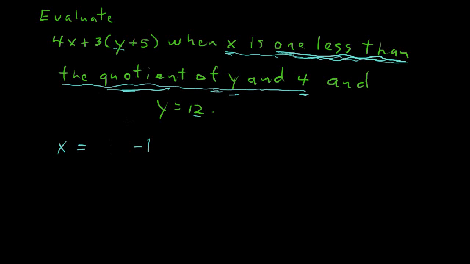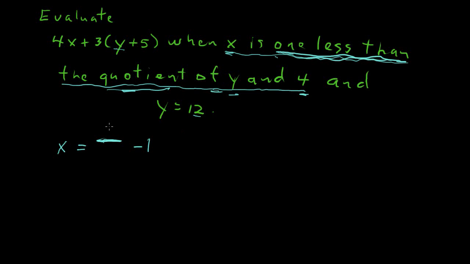Okay, so what's quotient? Well, you're probably telling me quotient means division. So I need to write a division of y and 4. I'm going to use the fraction bar to indicate a division here.